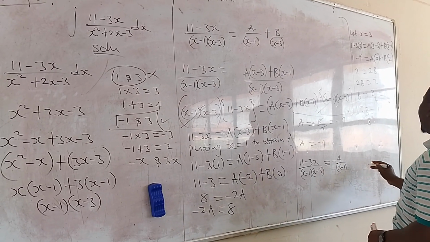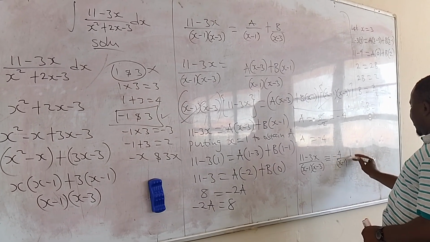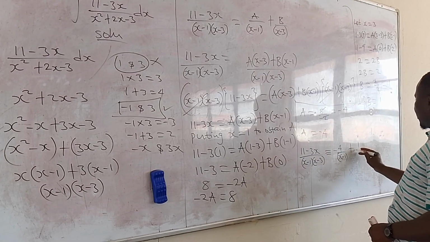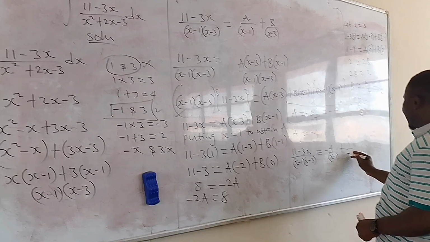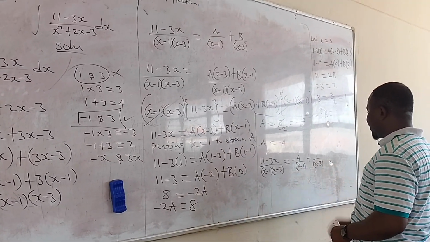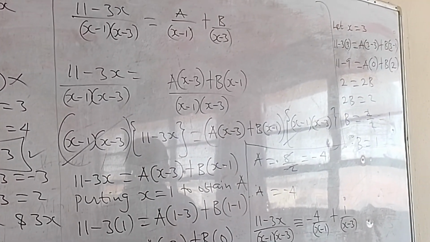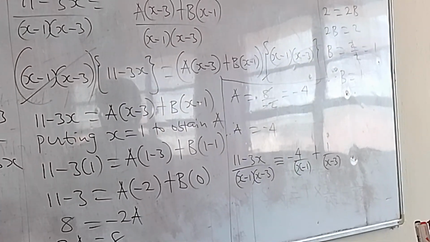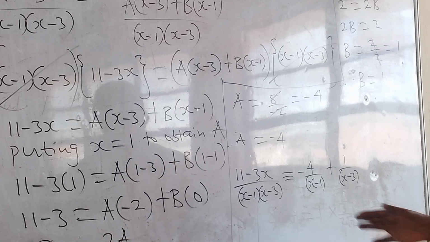Then our B is 1, 1 all over x minus 3. True or false? Okay? If you can see what I am saying, it is not bad because of this negative sign.